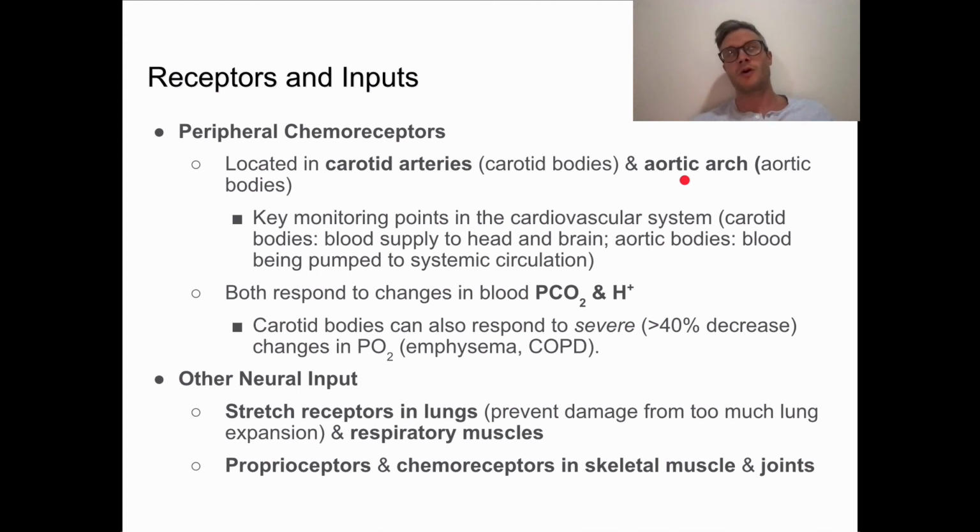If you recall from our cardiovascular section, it's the main artery coming off the heart. Now, these are both key central hubs if you think about it, because the aortic arch goes to the rest of our body, so it's important to have some sort of monitoring system there, and the other goes to our brain. Very, very important to have a monitoring system there.